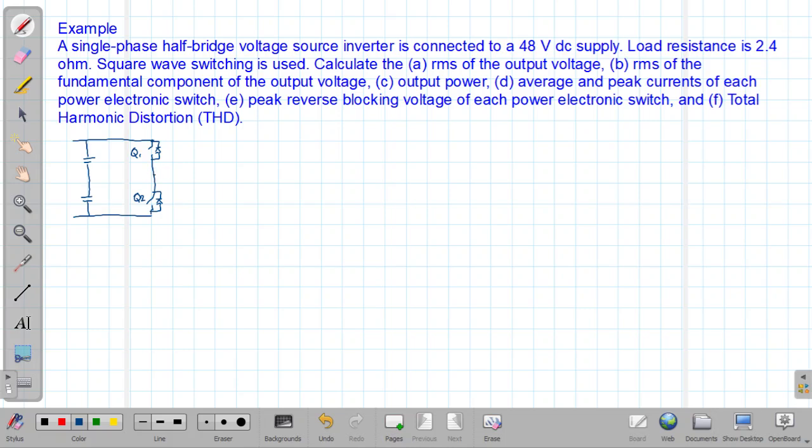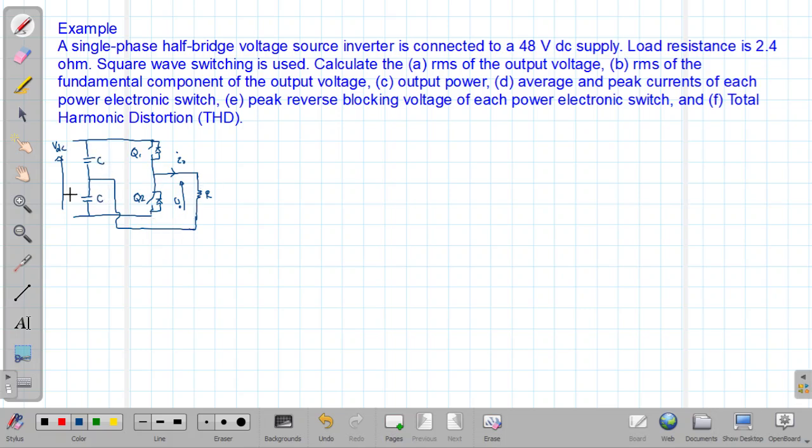You get the midpoint as the output, and you connect a resistive load. You get the midpoint of the capacitors, and so this is the output. This is the output current and the output voltage. So you have the load resistance R, then you have the DC voltage VDC across the capacitors.